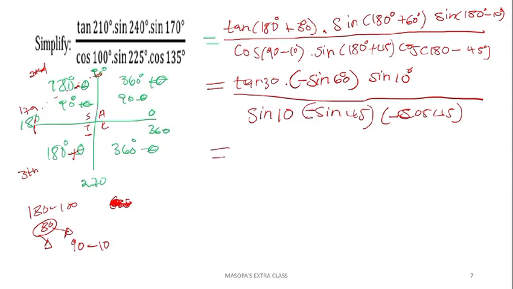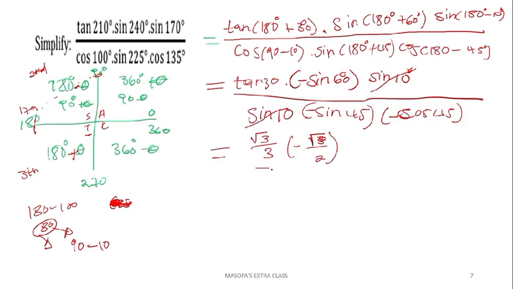And then positive. From here we can see that the sin 10 will cancel each other. Then tan 30 is your special angle, square root of 3 over 3, and then here we had negative, right? Negative, and then sin 60 is a special angle, square root of 3 over 2.